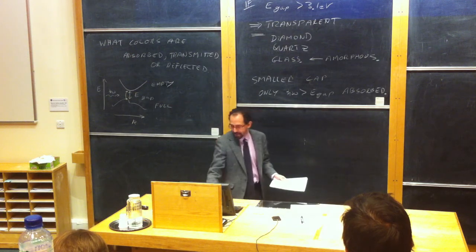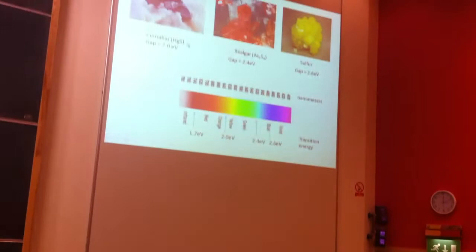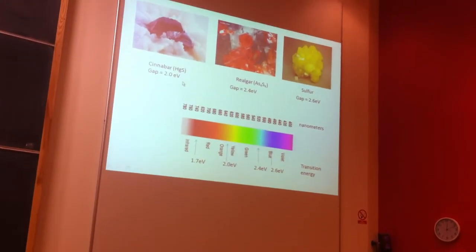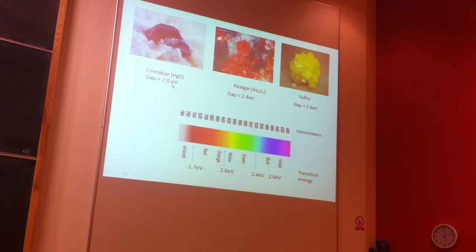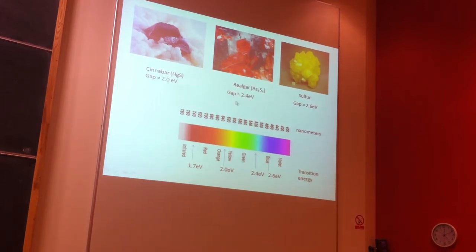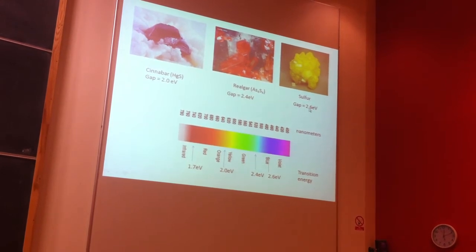So let's show an example of this. Here are three materials with slightly different band gaps. Cinnabar, also known as vermilion for obvious reasons, has a gap of about 2 eV, realgar has a gap of about 2.4 eV, and sulfur has a gap of about 2.6 eV.